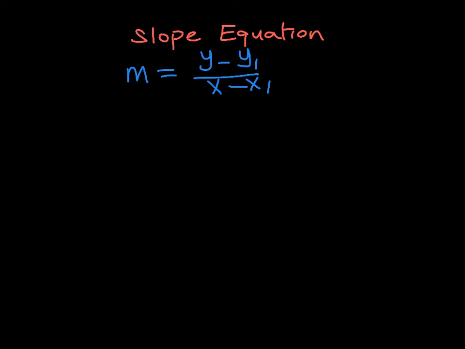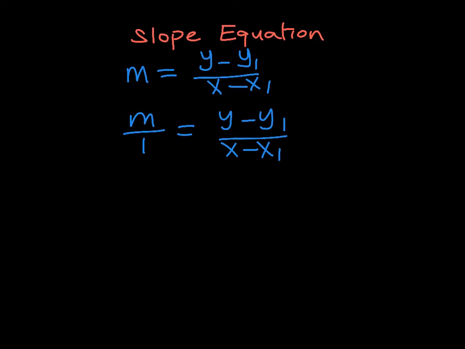So if we change this equation, we can make a new equation which we call the point slope form of the linear equation. So what do we do? Remember, m is actually m over 1, which is equal to y minus y1 divided by x minus x1.